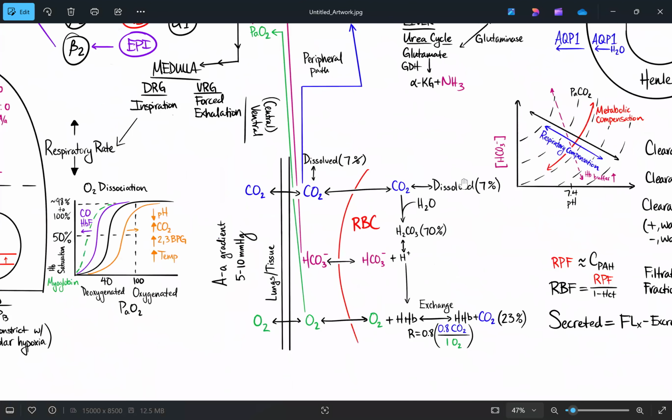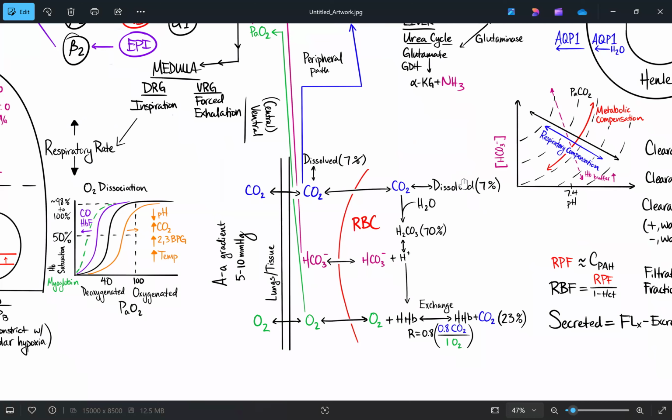Yeah, there we go. This is just basically exchange of your blood and air. And this also has to do with acid-base balance. If you look to the left of that, I drew a dissociation curve where you have your hemoglobin saturation on the left y-axis, arterial oxygen on the x-axis. So the black line's your baseline.